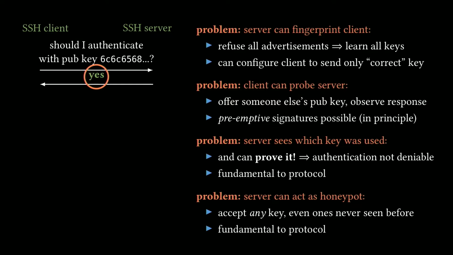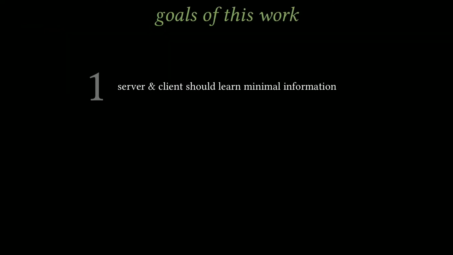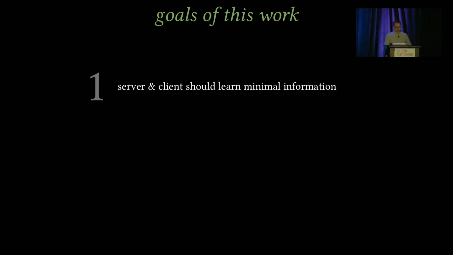And so this is another problem that our new approach can improve. So we can't completely protect a client who trusts the wrong server on first use, but we can make things harder for a server in those cases. So the goals of our work are to design a new authentication method for SSH public keys in which the server and client learn minimal information about each other.